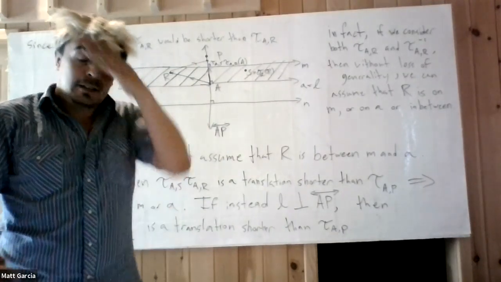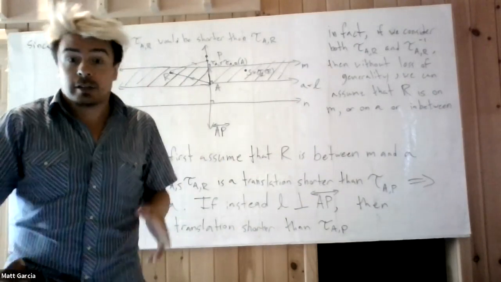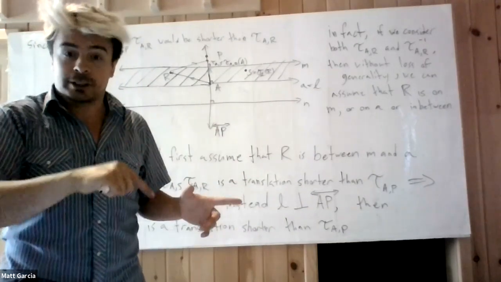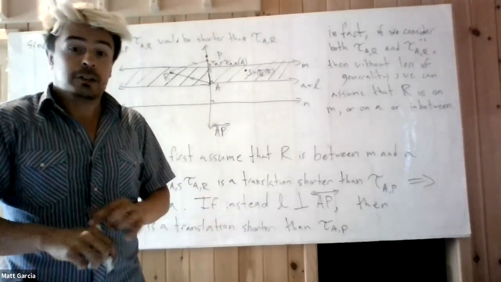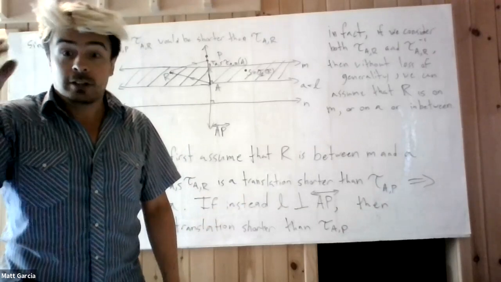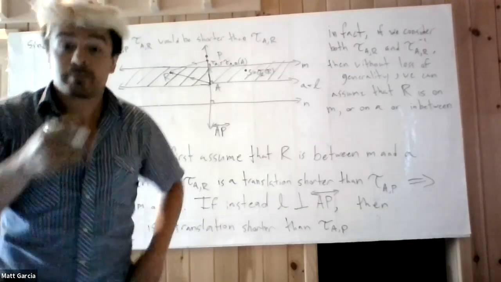Okay, so that contradicts our initial assumption that the translation from A to P is the shortest in all of W. Okay, good.